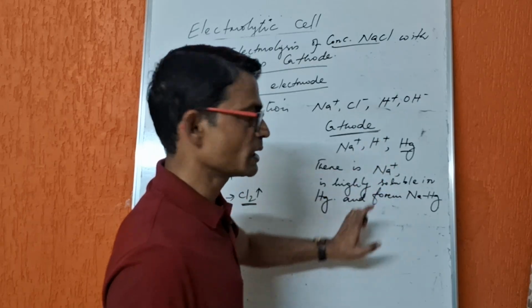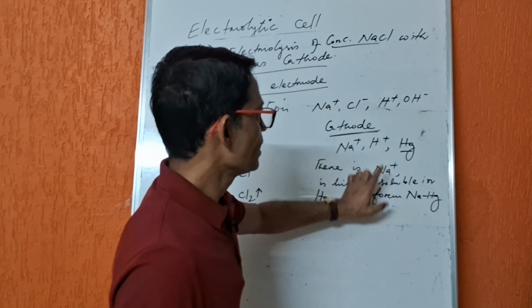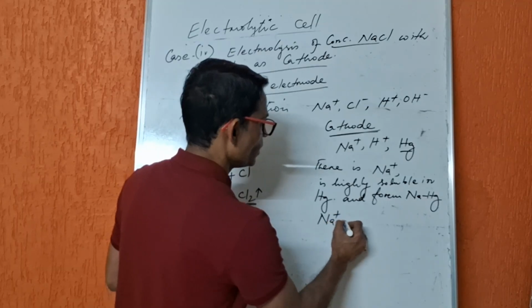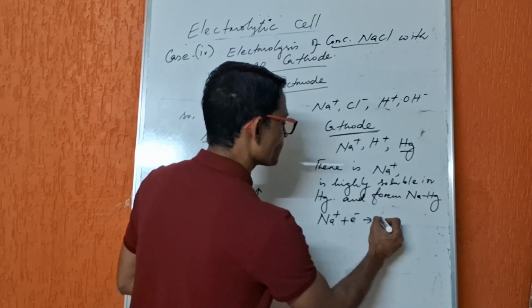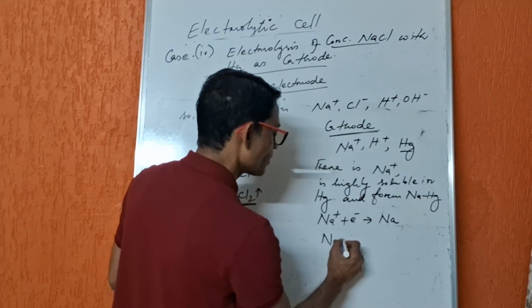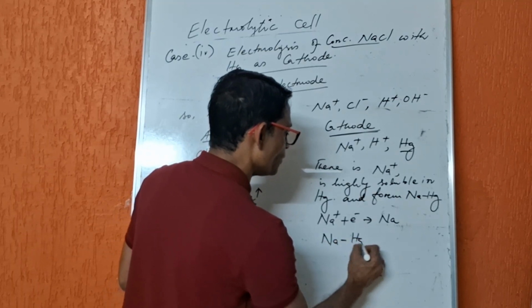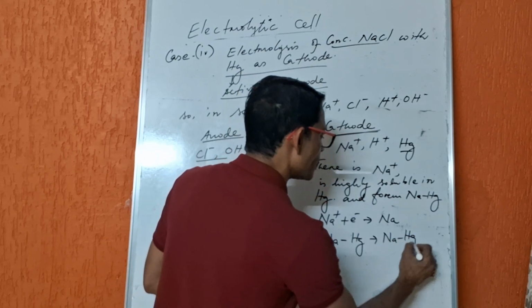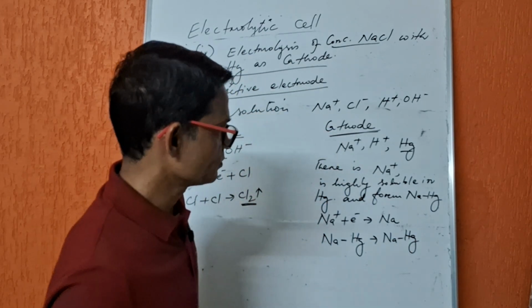Na plus will accept an electron to form Na, and that Na with mercury forms the sodium mercury amalgam.